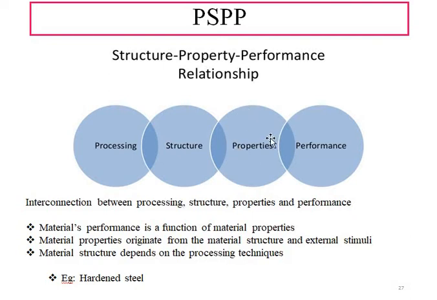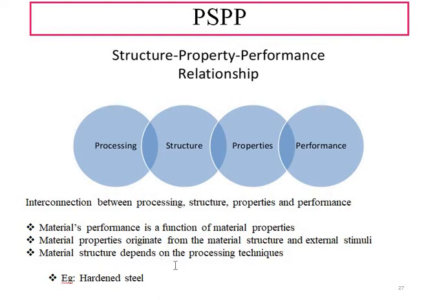And how these properties depend on the structure, and the structure depends on the processing. So they are interconnected. In other terms, you can call the material performance a function of material properties, and material properties another function of material structure, and material structure another function of the process.